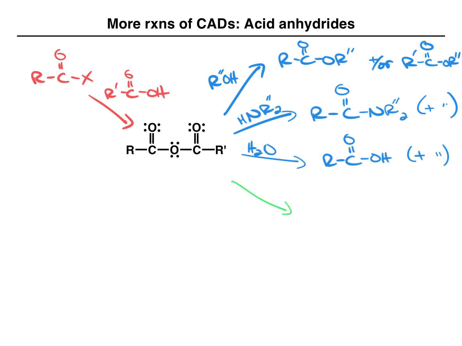And another possibility is that we can reduce an anhydride using lithium aluminum hydride followed by water. But this wouldn't really be a very useful reaction just because of the way that anhydrides would have been prepared. But just to be more complete, they can be reduced.